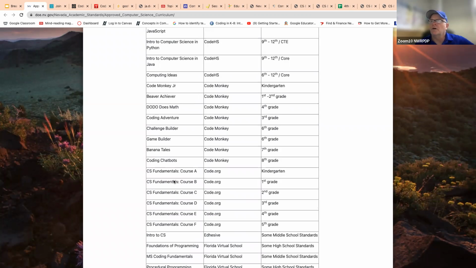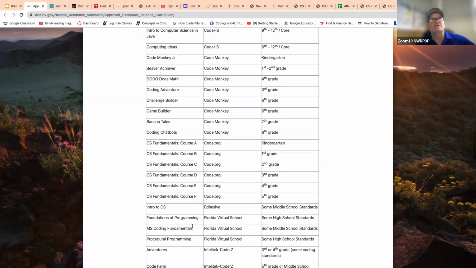And the biggest one we run into in the state of Nevada is if you are using code.org course A, B, C, D, F, my advice or information to you is look at that coursework, and you've got to figure out as a teacher, what is it missing and what do you need to supplement into that curriculum instead of just relying on it, because that is not approved.